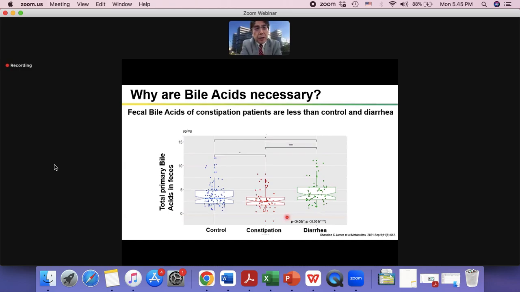So this slide shows why bile acid is necessary, especially for constipation patients. As you can see here, the concentration of primary bile acid in the feces shows that constipation patients have a lower concentration of bile acid compared to control.